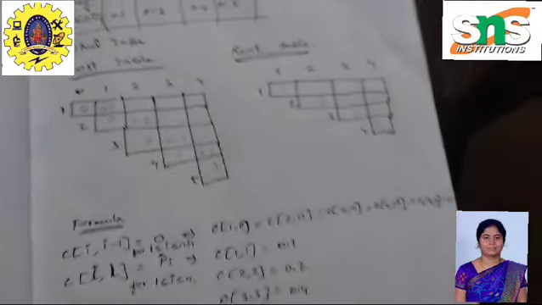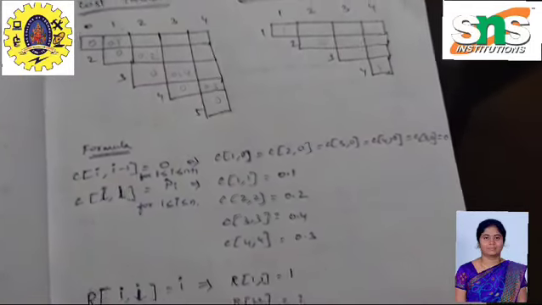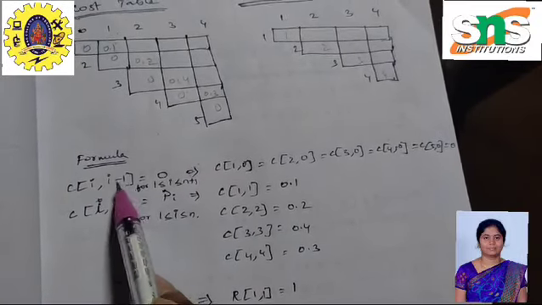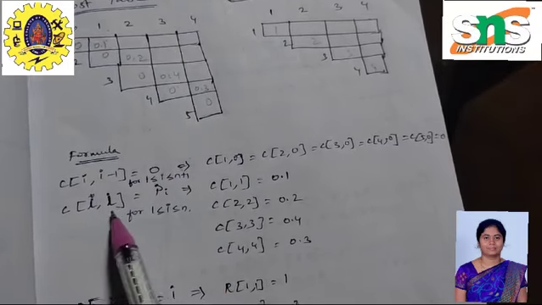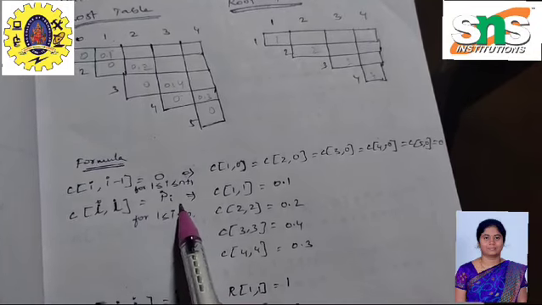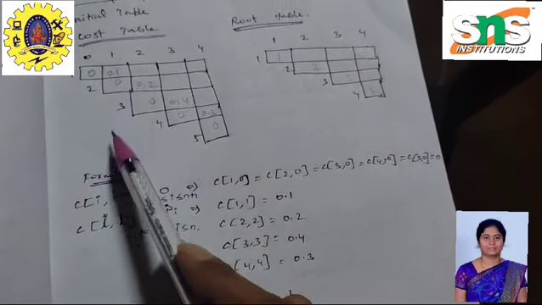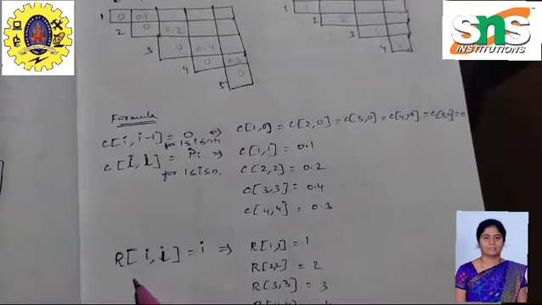So you have a formula that C of I comma I minus 1 is equal to 0, and C of I comma I is equal to Pi. Pi is nothing but the probability of I. So here the cost table is mentioned with C of, and the root table is mentioned with R of.